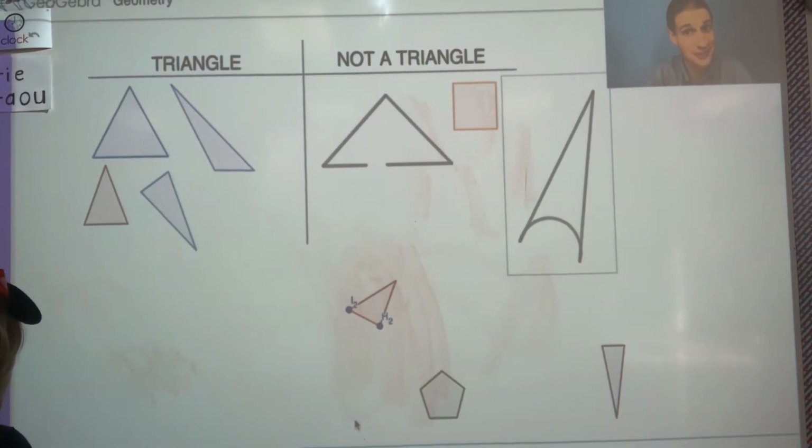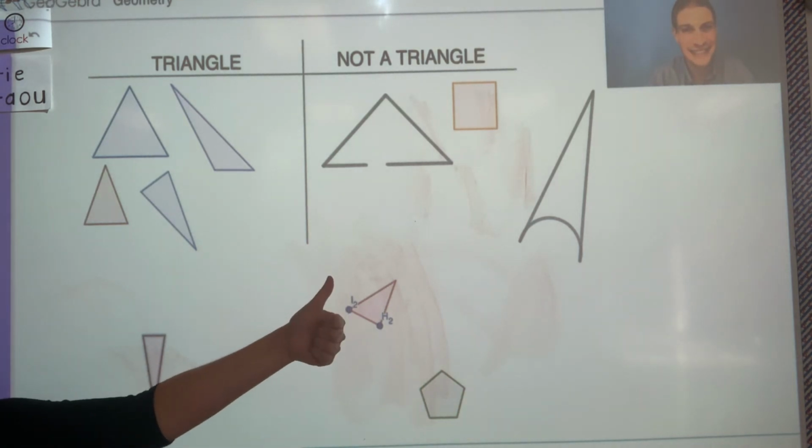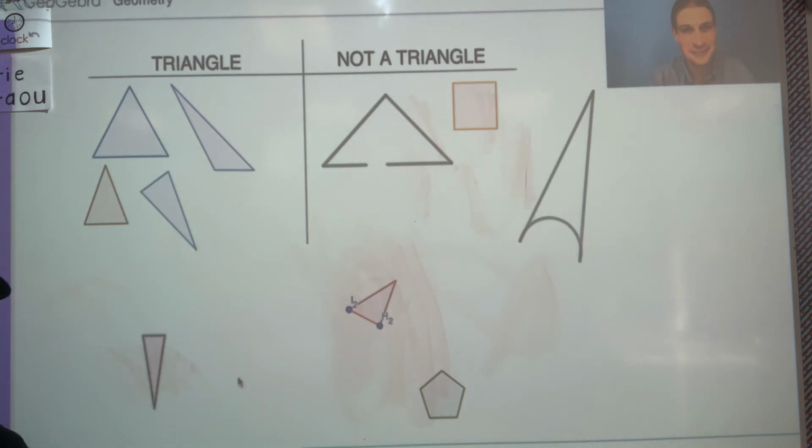Shapes, help me out. How about this shape? Tell your friend, is this a triangle? Thumbs up or thumbs down? Awesome. Yes, excellent. My friend said it is a triangle. It has 3 straight sides. It is closed and it has 3 corners. We'll put this shape up under triangle.